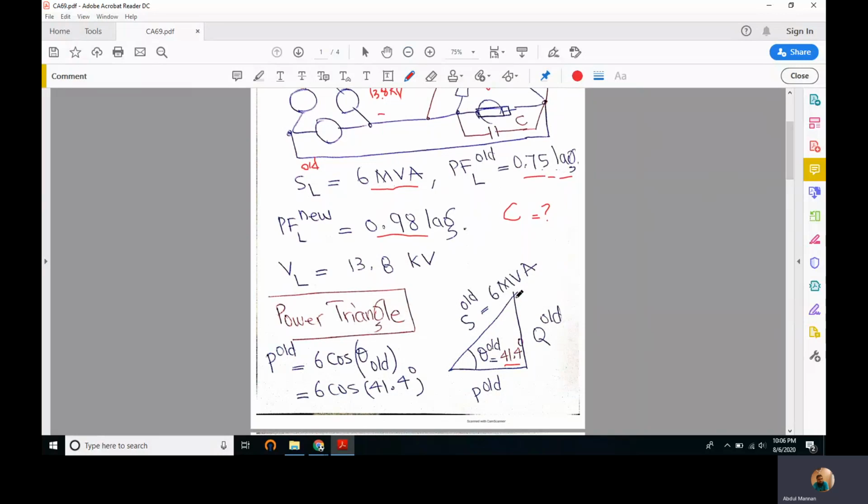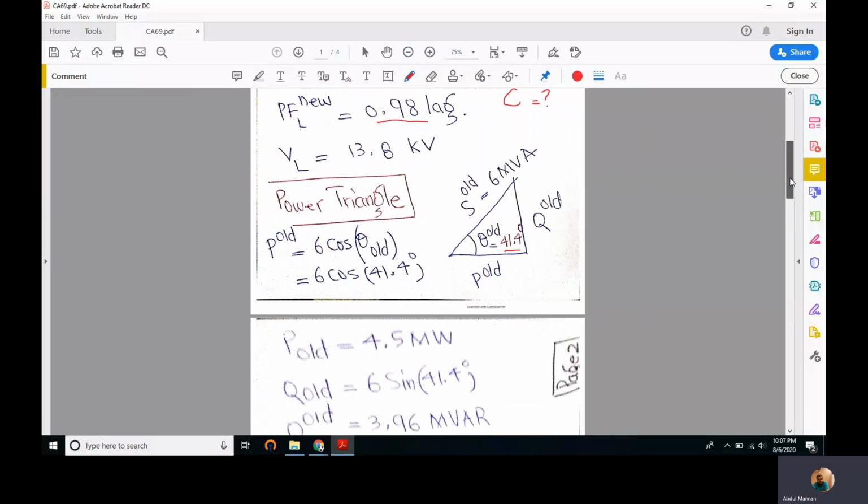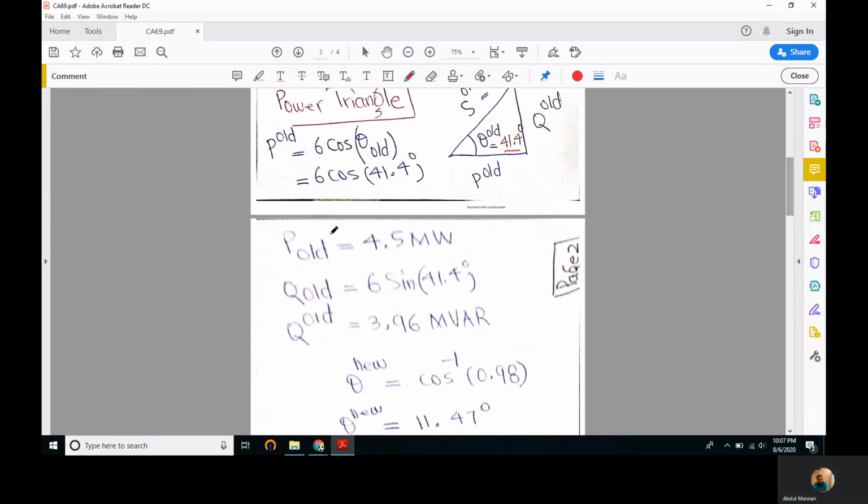So now in this old power triangle, we have this angle and this S known, and of course we can compute P and Q. P is S cosine of theta, Q is S sine of theta. So we compute P old and Q old using the trigonometric identities.